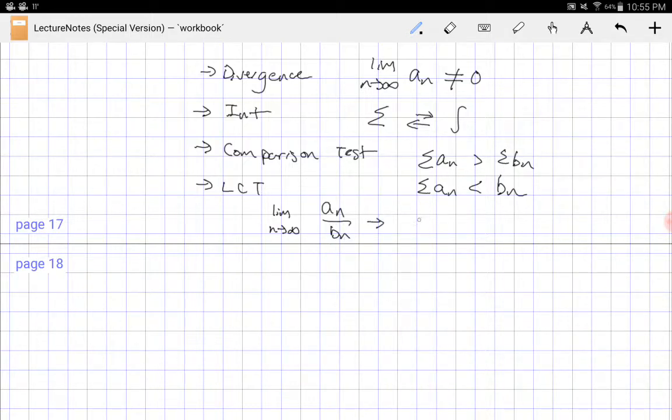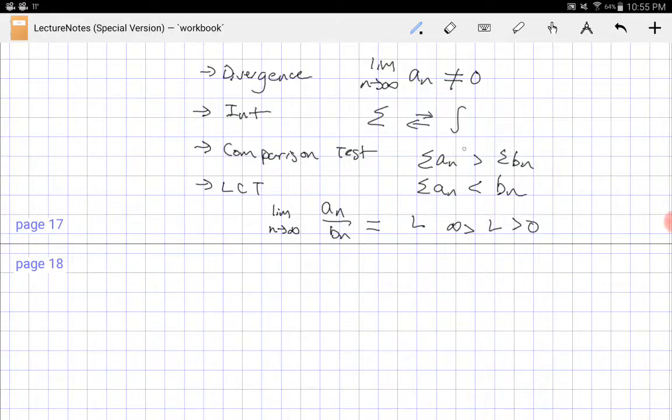If this equals a number, let's call it L, where L is greater than 0 but less than infinity, then we can say that a_n and b_n have the same behavior. So if you know b_n converges, then you know a_n converges. If you know b_n diverges, then you know a_n diverges. Obviously, if it doesn't equal such an L, then we can't make this comparison.